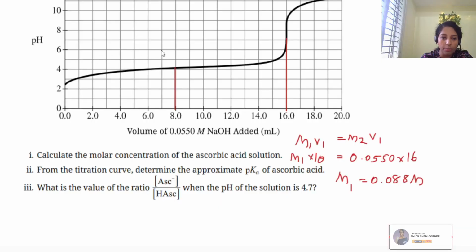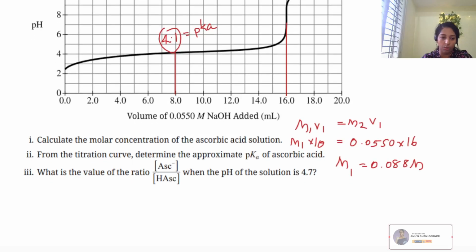It's not exactly 4. You can take 4.1, isn't it? Okay, so pH is equal to pKa at the half-equivalence point. So what they were asking is pKa. So 4.1. The pH at the half-equivalence point will be the pKa value of the acid.